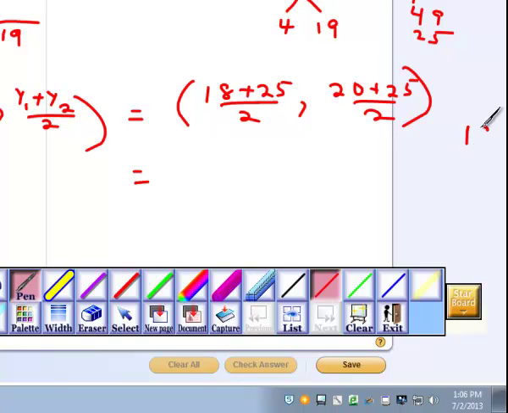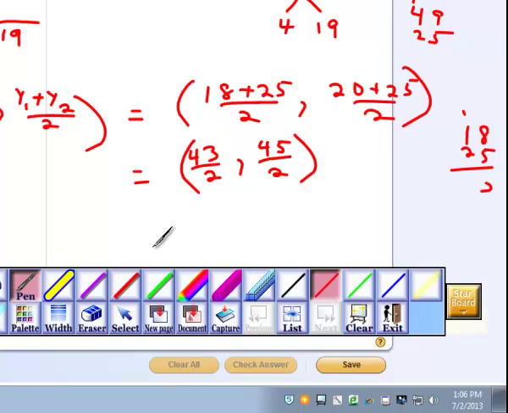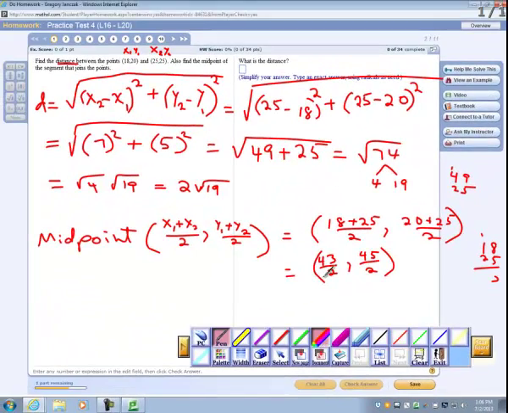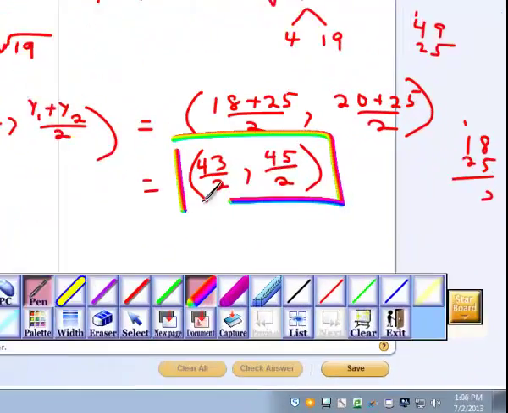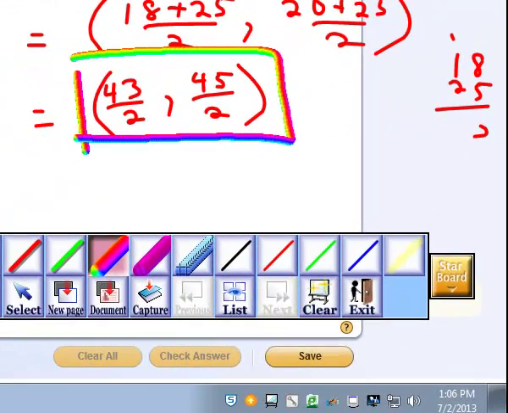So 18 and 25, okay, so that'll be 43 over 2. And then this will be 45 over 2. And you can just leave it as a fraction, okay. All right, so that's your midpoint and your distance formulas.